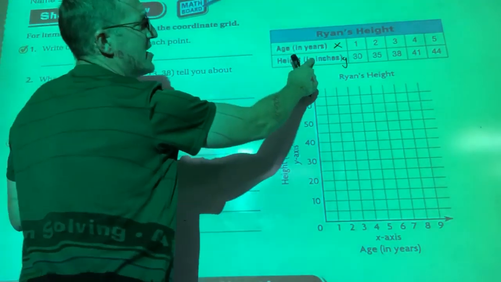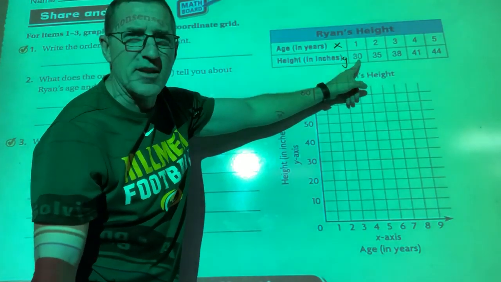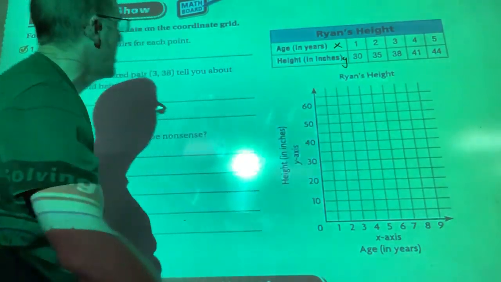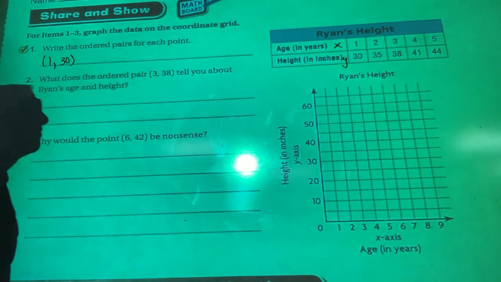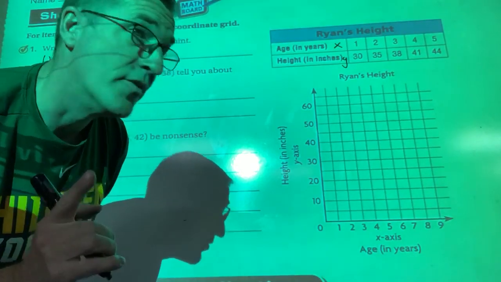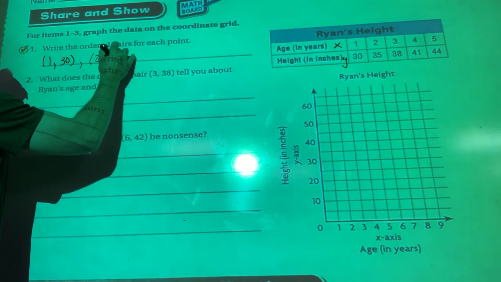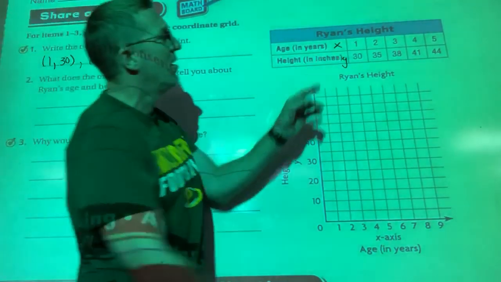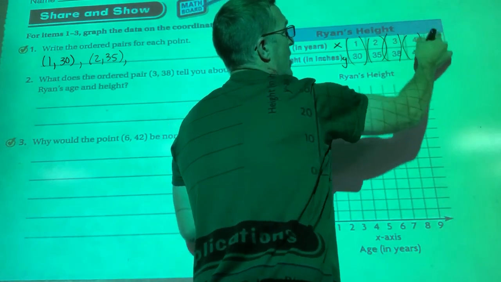So my ordered pairs, my first one, when Ryan is 1 year old, he's 30 inches tall. So I'm going to write that down. 1, 30. When he's 2, how tall is he? 35, that's right. So I'm gonna write 2, 35, and then I'm just gonna go down the way. These are all ordered pairs, okay?